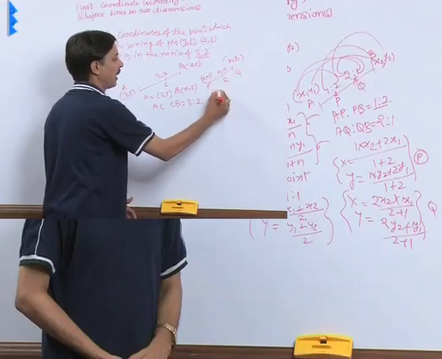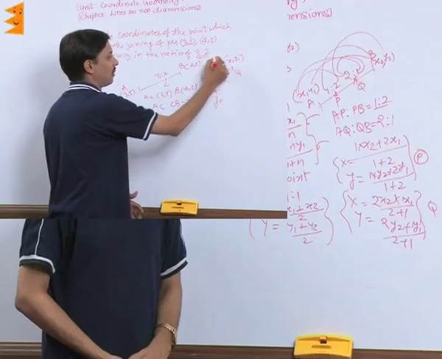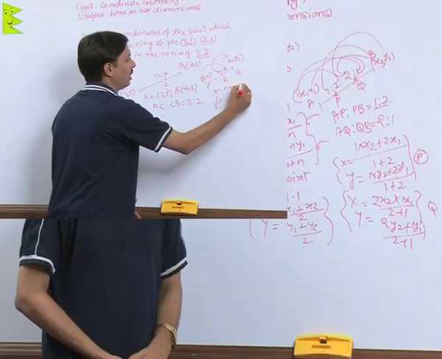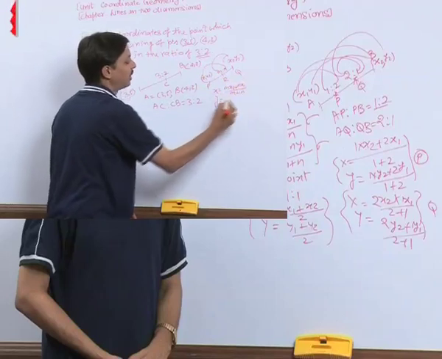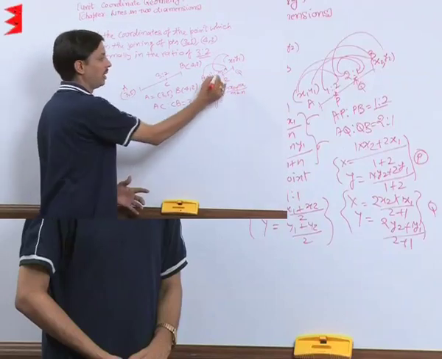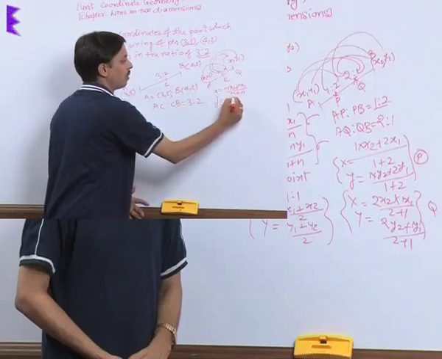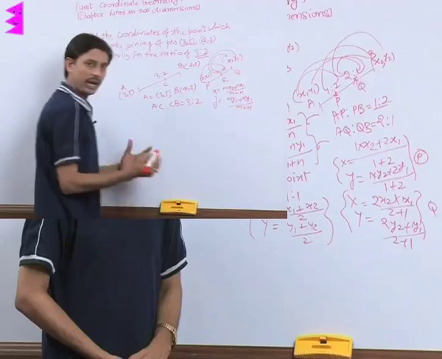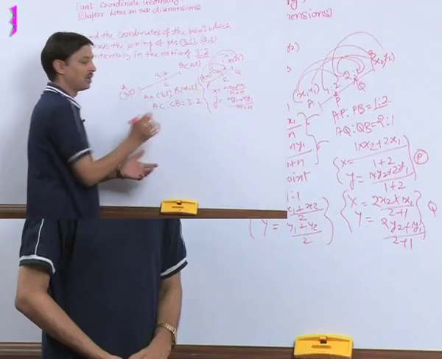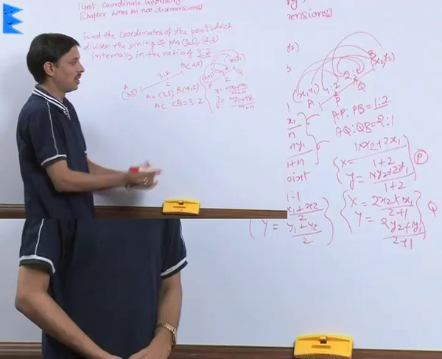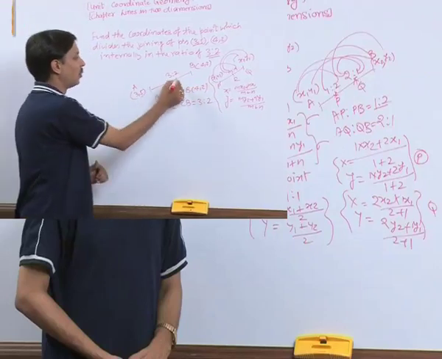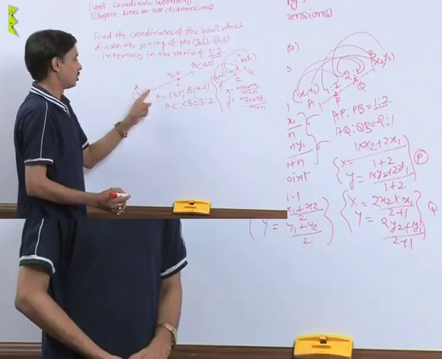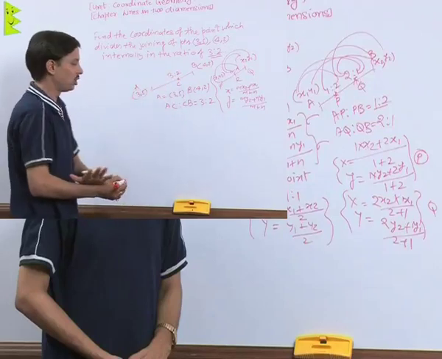Then the values of x and y at R are given by mx2 plus nx1 upon m plus n, and the value of y is given by my2 plus ny1 upon m plus n. This is the section formula being discussed with you, and with the help of this we will find the values of x and y at point C, which divides the joining of AB in the ratio of 3:2.